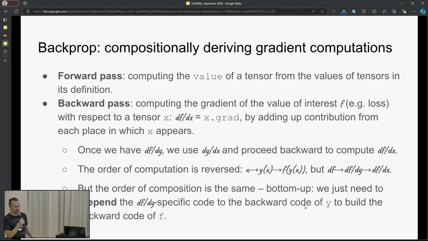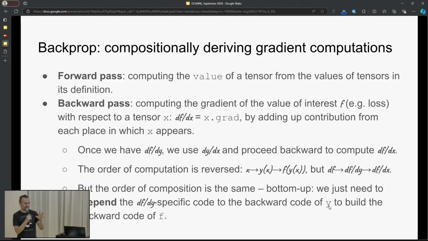So we can have the tensor y on its own with the computation attached to it, and then use that for the computation of the gradient of f. And that's because that computation is specific to y. When we have tensor y, we have no idea about f yet. So when we have tensor y, we can have gradients of subtensors within y.